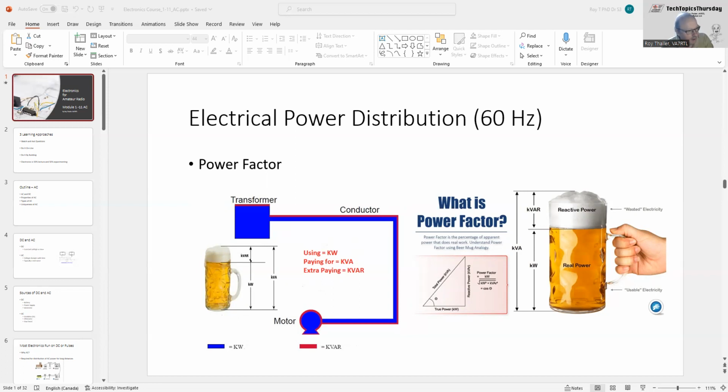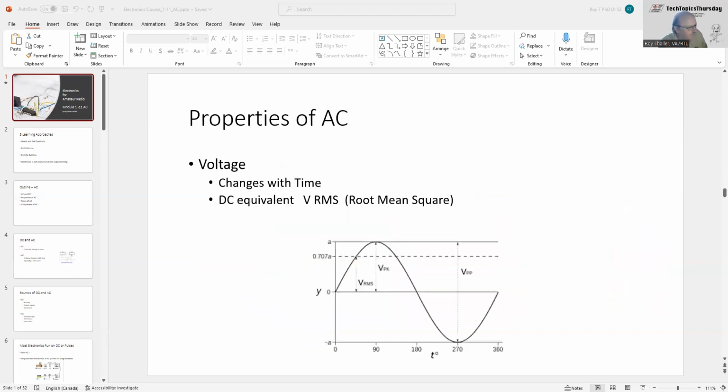So what you want to do is reduce the amount of foam as much as possible so you get the real beer. And you can do this by putting capacitors into the circuit. This is one example, and if you get into electrical engineering, they'll talk a lot more about this. So this is one of the differences of AC and DC.